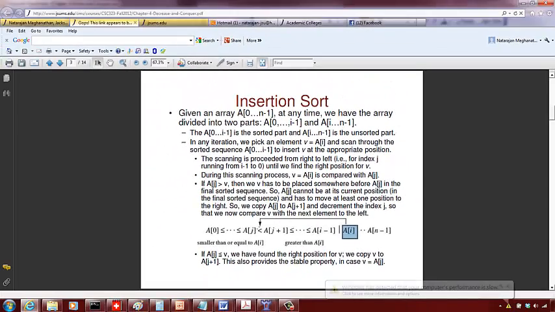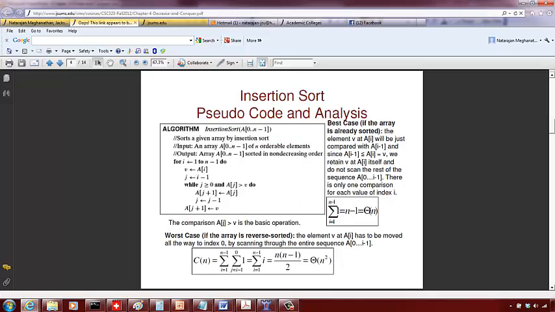Wherever it gets inserted, everything to the left of it is less than or equal to a of i, and everything to the right of it is greater than a of i. So that's the principle.